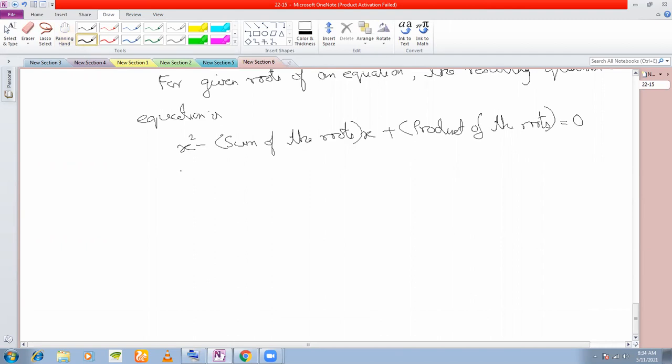So suppose I give you alpha and beta to be the roots of a quadratic equation.